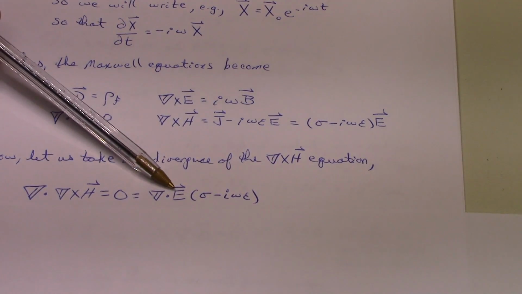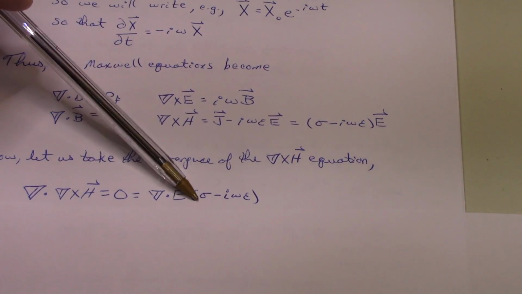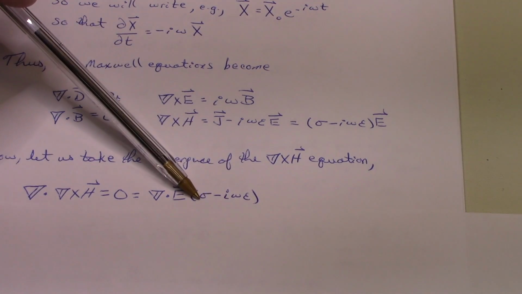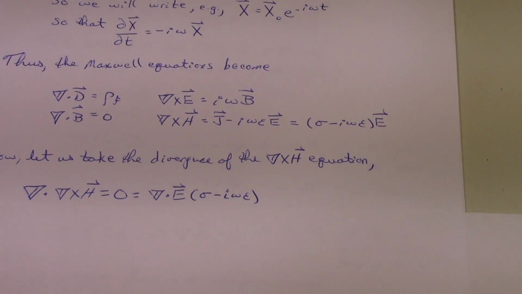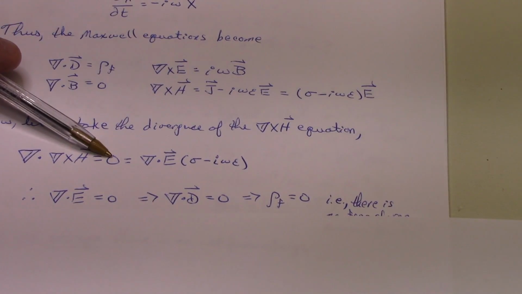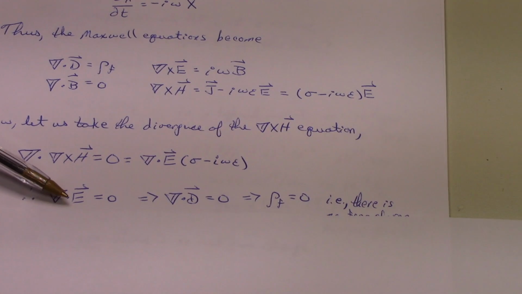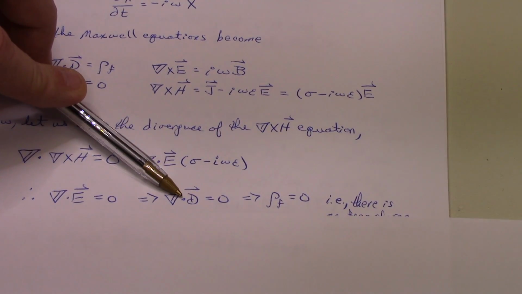Taking the divergence of E, then, we're left with these constant terms out in front times the divergence of E. But we know that the divergence of E has to be equal to 0. And E is defined in terms of D, so we know that the divergence of D is equal to 0.